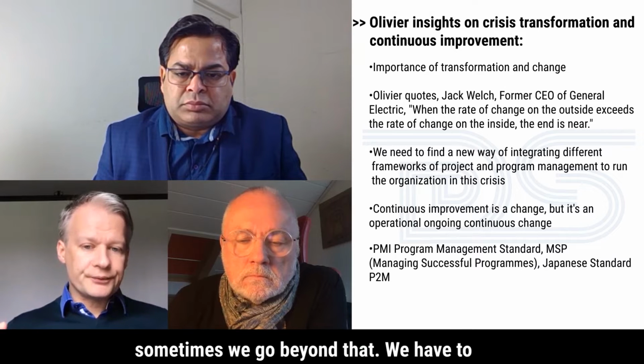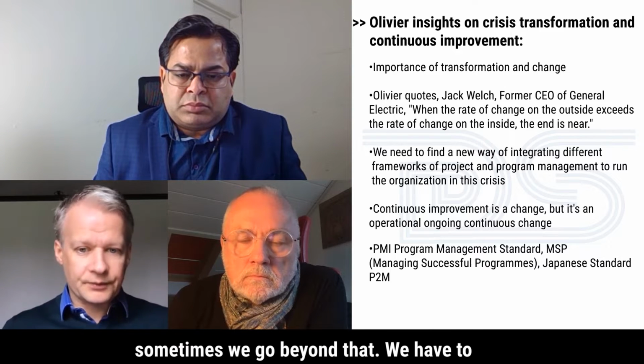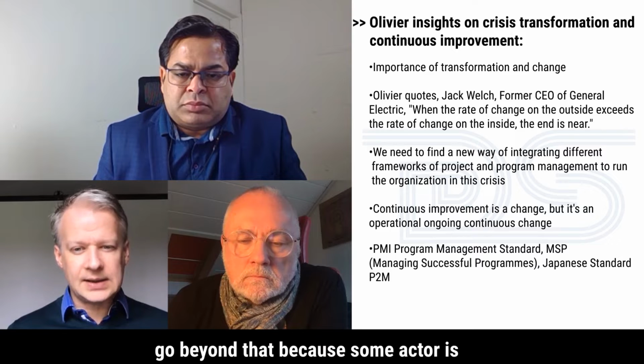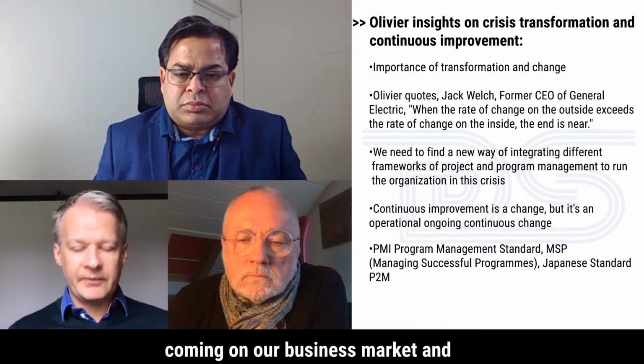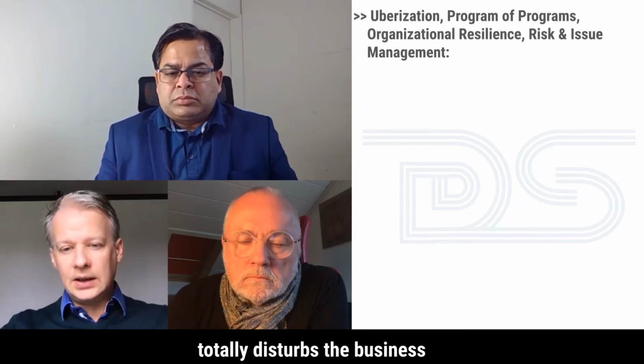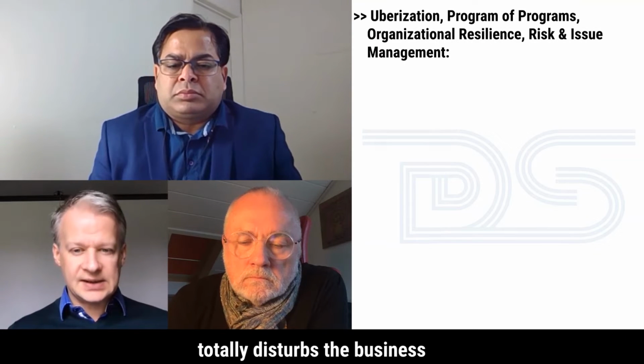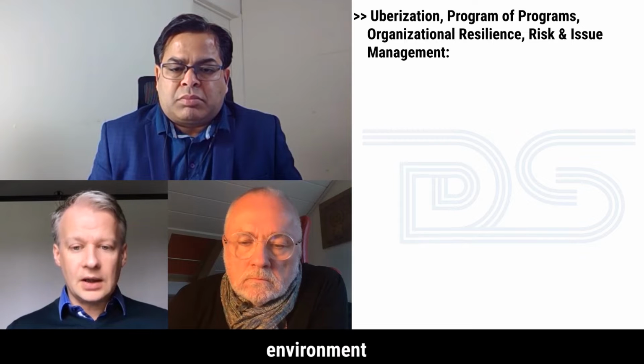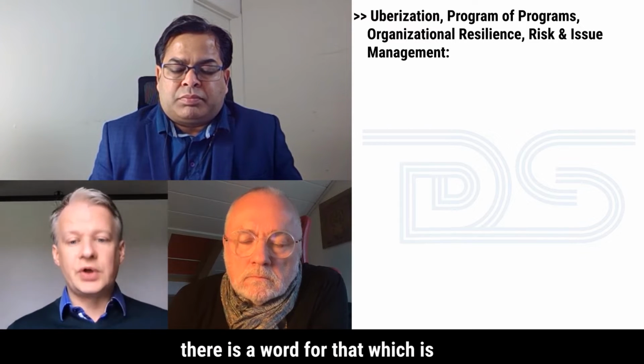But sometimes we go beyond that. We have to go beyond that because some actor is coming on our business market and totally disturbs the business environment. There is a word for that, which is Uberization.